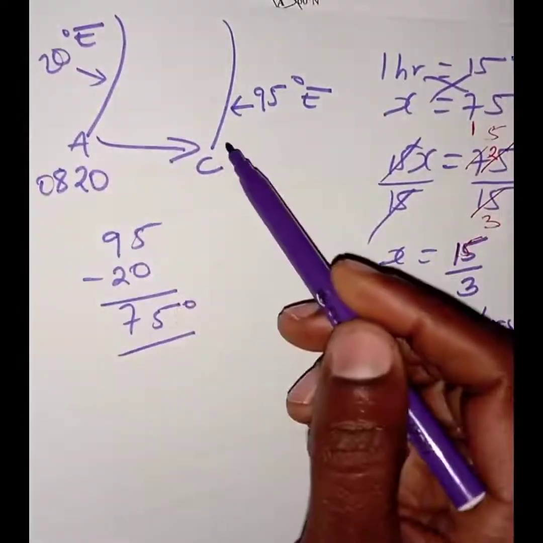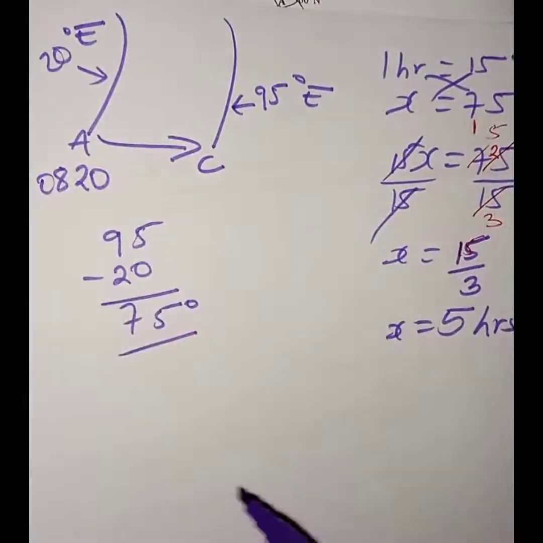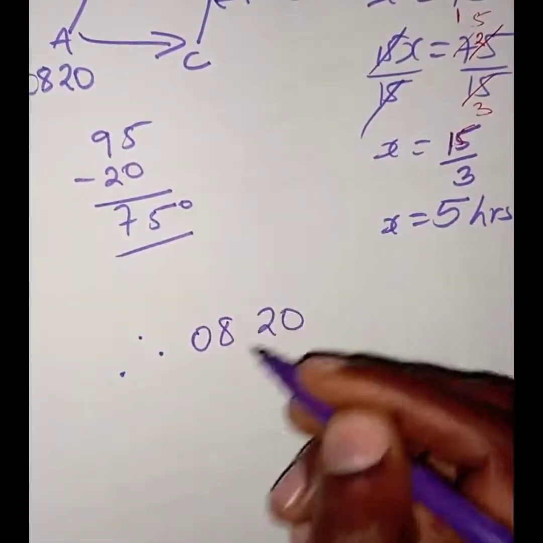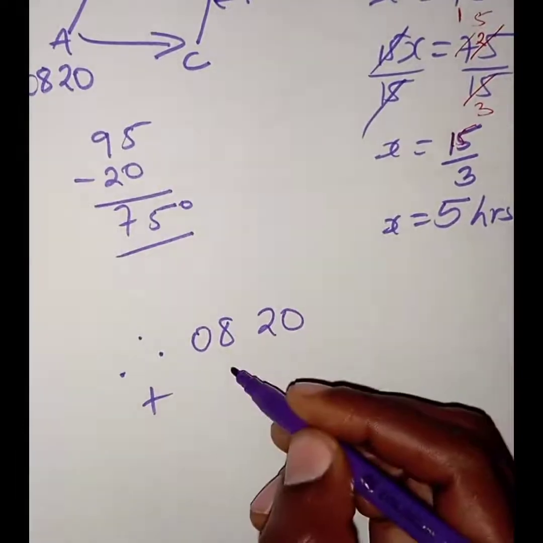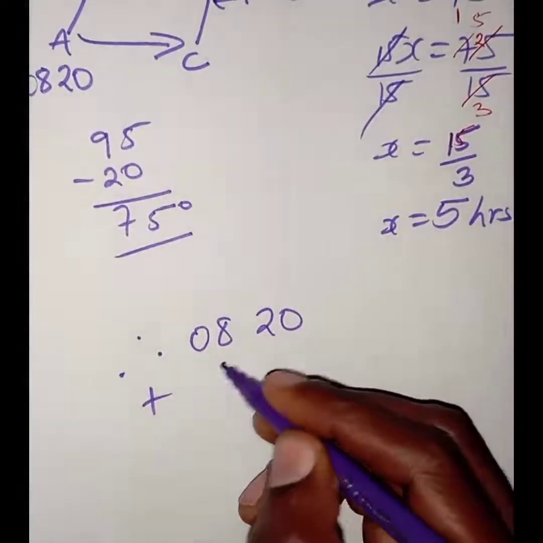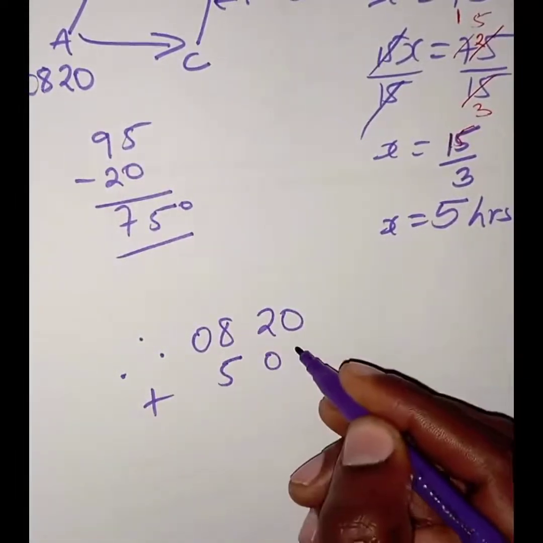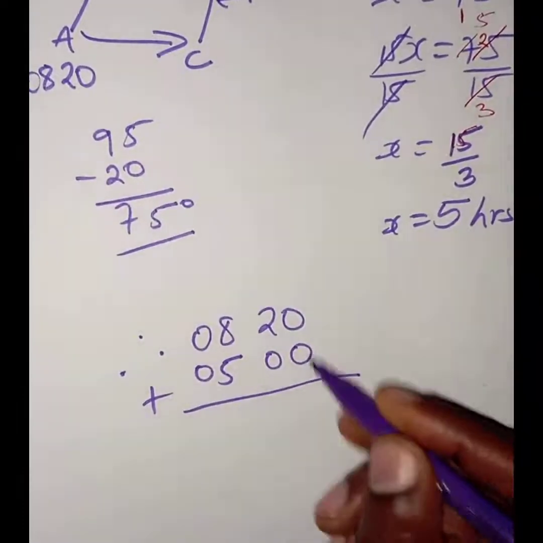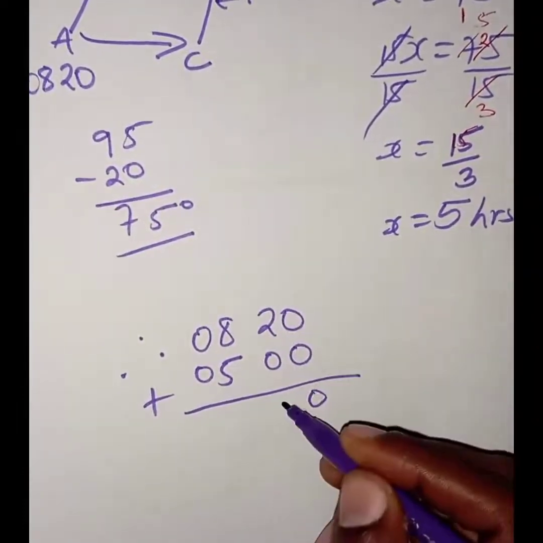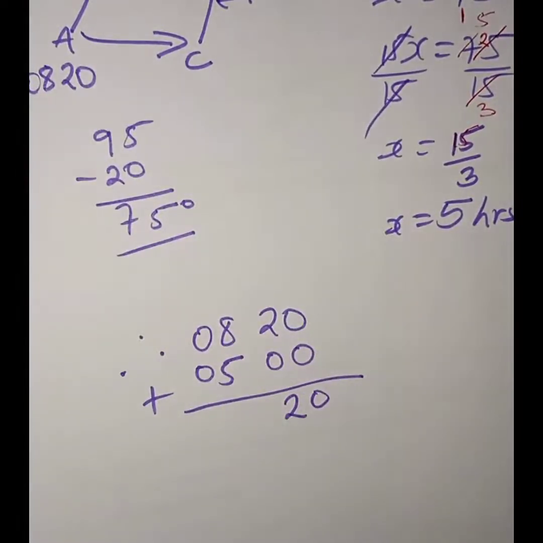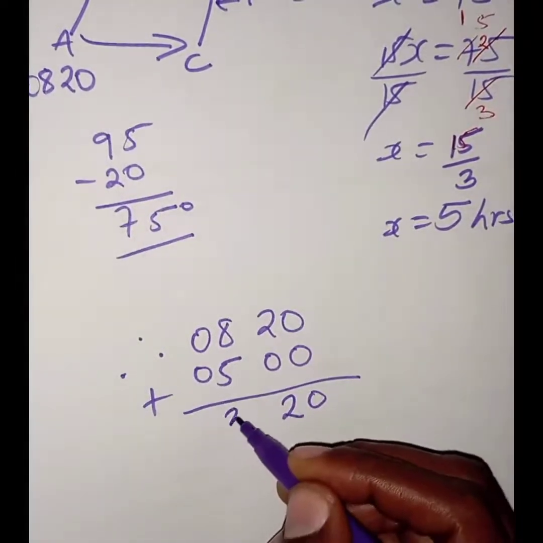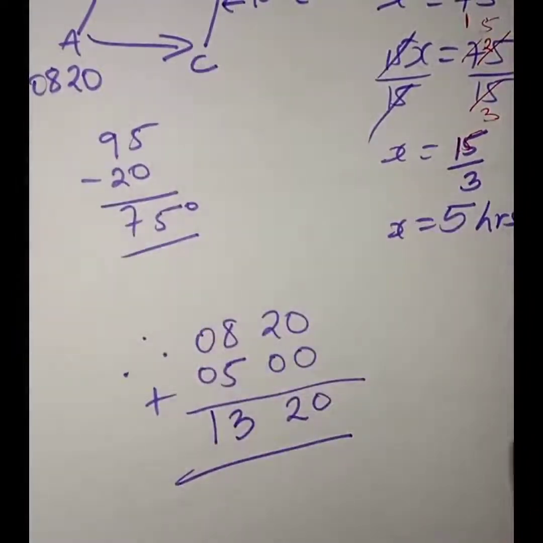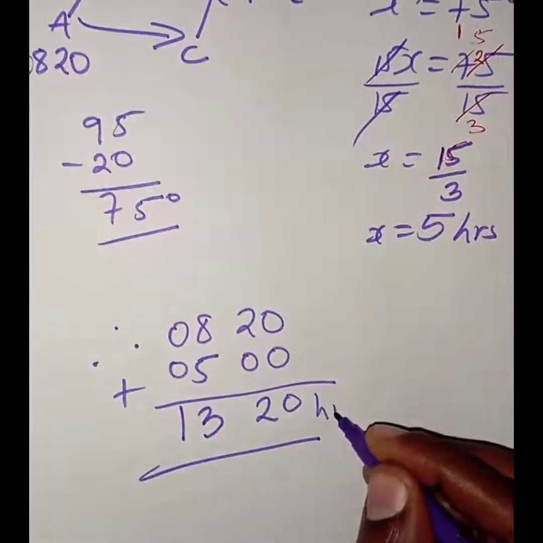Now we're going east, so we add to the 0820. 0820 plus 5 hours. As place values, put 0 for the 5 hours: 0 plus 0 is 0, 2 plus 0 is 2, 8 plus 5 is 13.